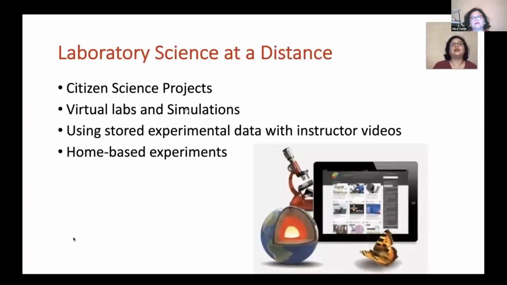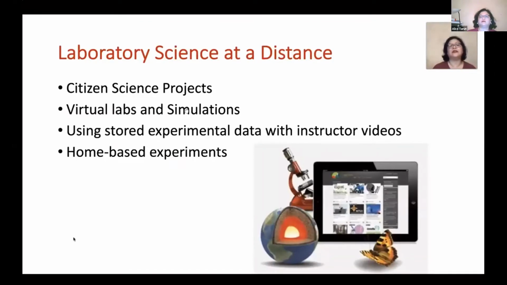Now, how do we do laboratory science at a distance? I've listed some of the ways and resources that we can use to achieve this. Some of these include citizen science projects, virtual labs and simulations, which probably will be the closest thing for teaching students specific skills or experiences working with particular instruments.